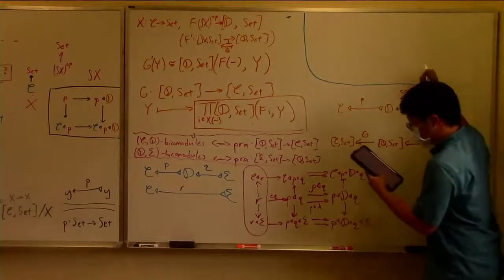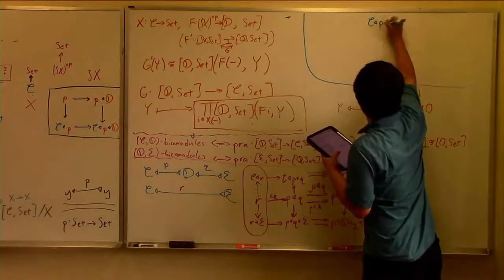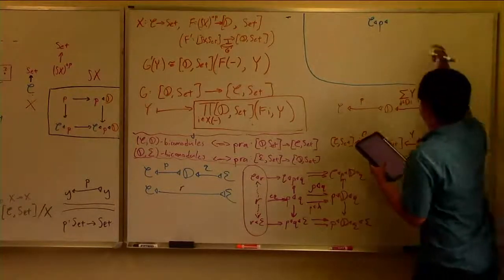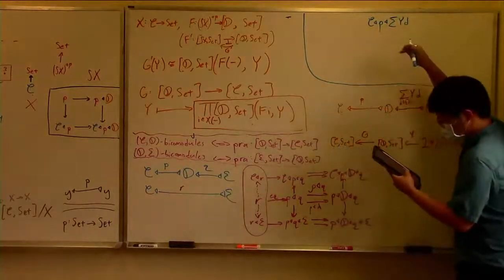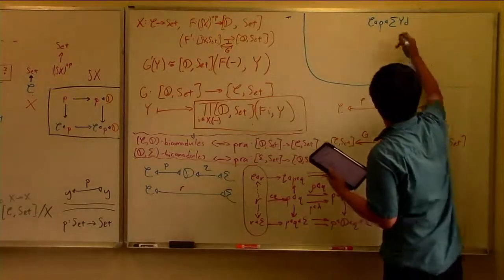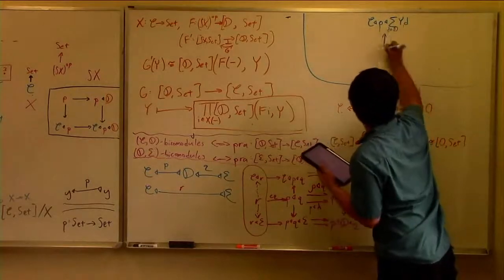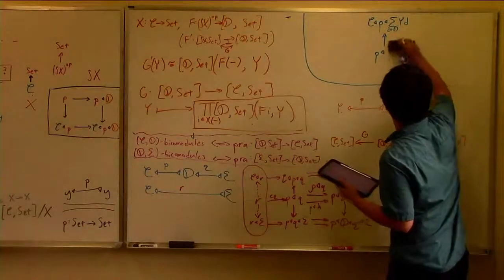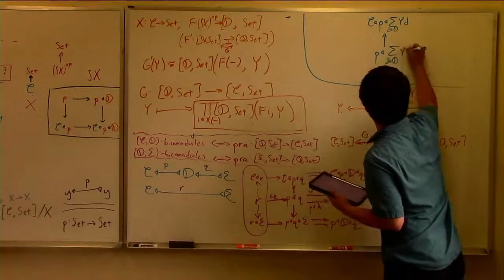And this is just a set here. And so we have this C composed with P, composed with this particular set here. I'm just going to write this as sum of the functor y applied to each object in D. There's a map from, not S. Right?